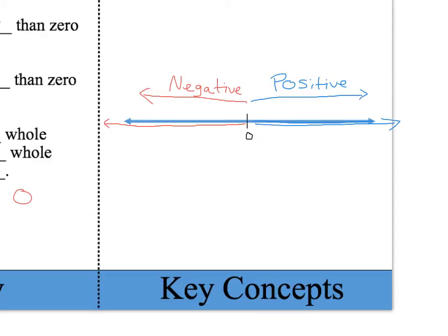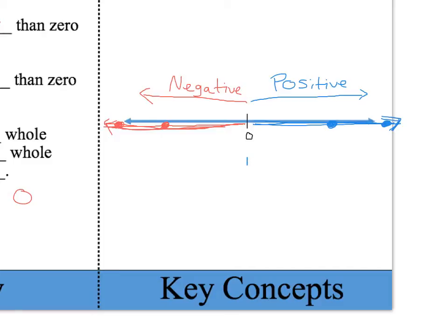So if I'm all the way out here, I have a very small number compared to the number here. If I'm all the way on this side of the positive side, I have a very large number compared to the number that I have right here. So once again, on the positive side, the further right you go, the larger the value. On the negative side, the further left you go, the smaller the value.